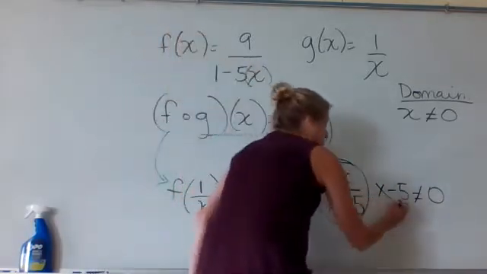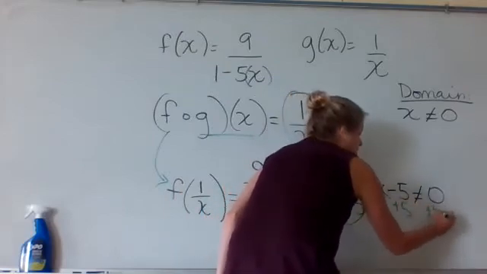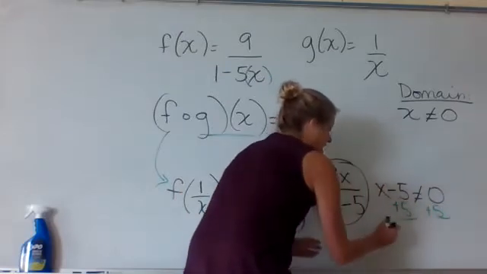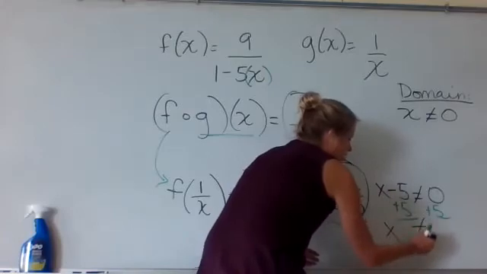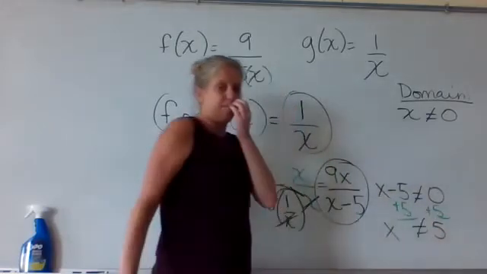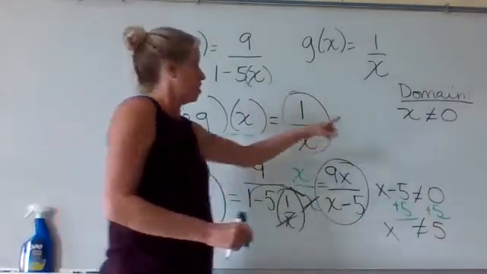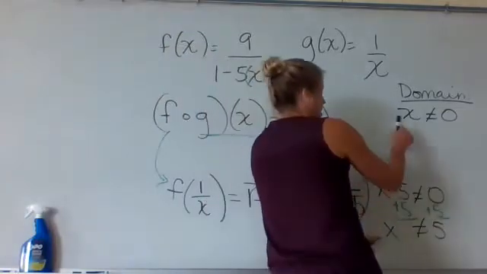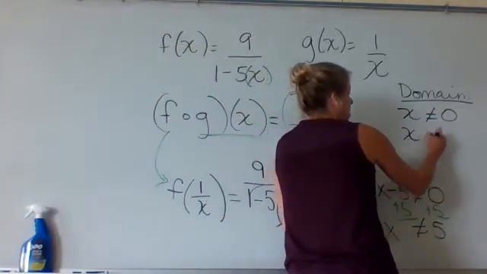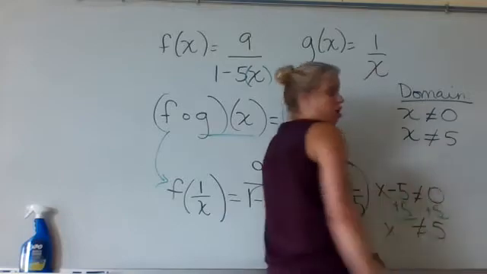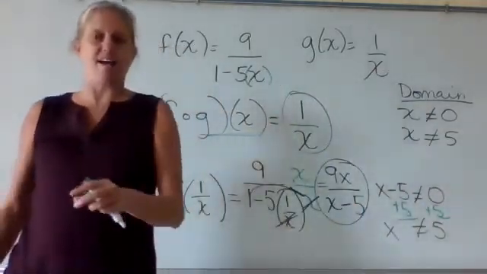If I solve this one for x by adding the 5 to both sides, I find out that x also can't equal 5. So when I'm doing the domain part of this, x can't equal 0, and x also cannot equal 5.